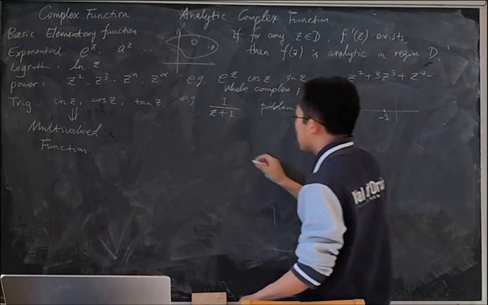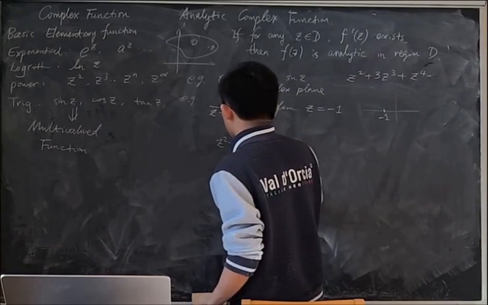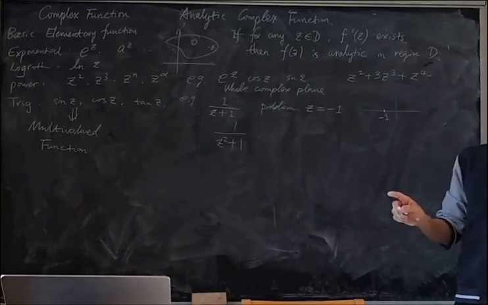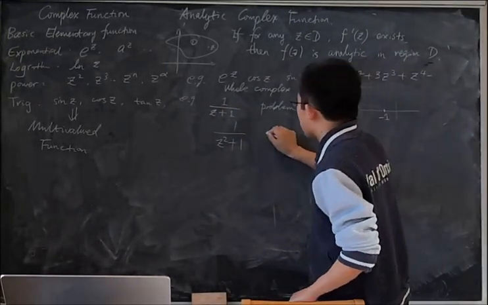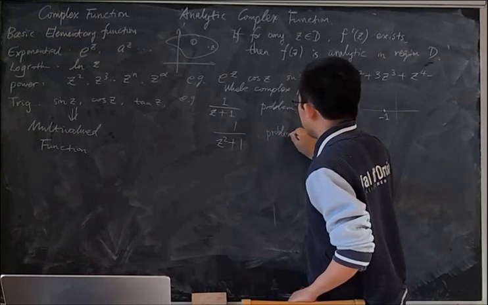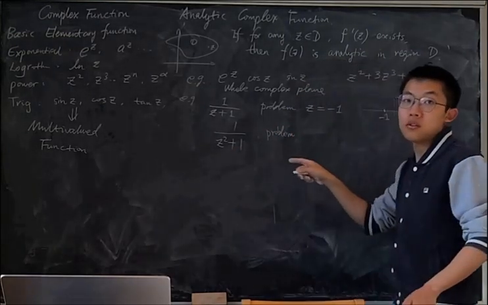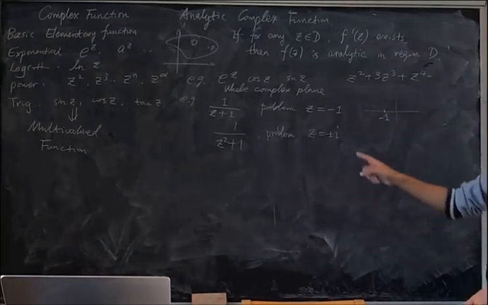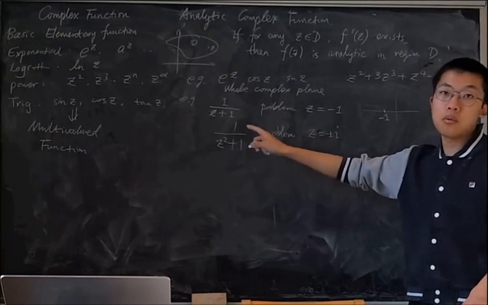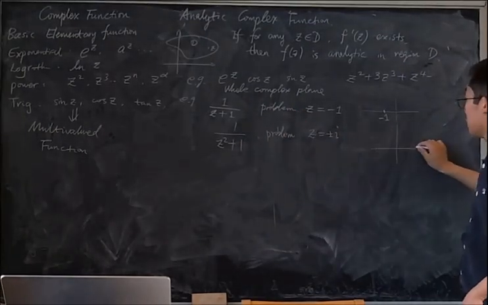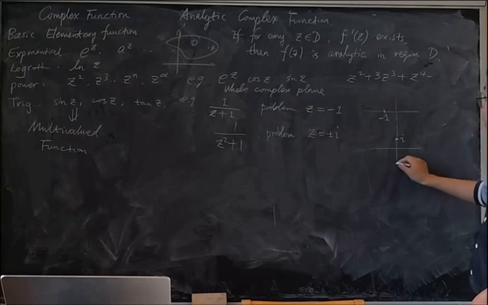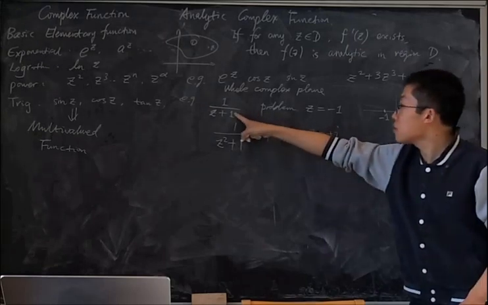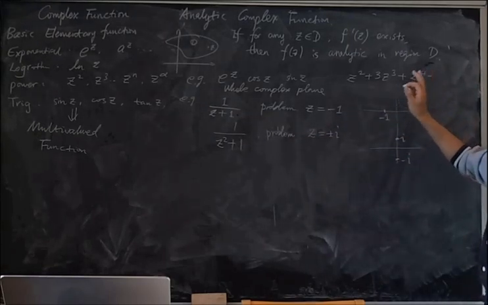So for this function, it is analytic in almost all places except this point. For another example, let's say 1 over z squared plus 1. If z is a real number, it's all good. But it's complex, so z squared plus 1 could be 0, and the roots are obviously z equals plus and minus i. So this function is analytic in almost all places except i and negative i. So if the region looks like this, it's good.